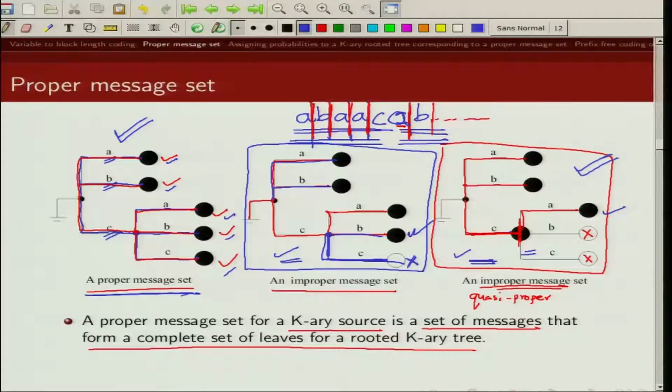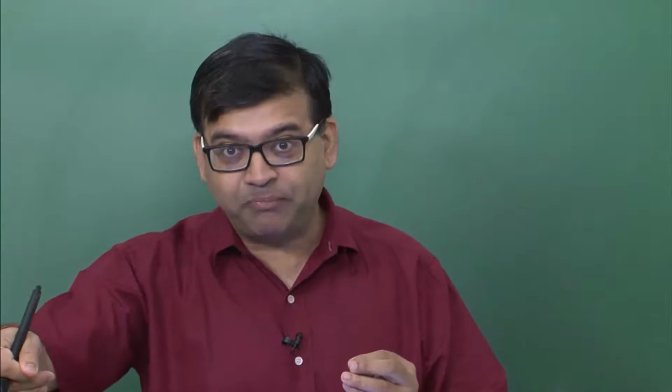Now what's happening here? If A and B are coming, I know that's my message boundary, but if a C comes, I do not know instantaneously whether that's my message boundary or I should look at the next bit. Once I get a C, I need to look at the next bit to decide whether my message boundary is at CA or just at C. So I cannot instantaneously tell how to parse the source message. I need to look at the next bit and then decide where my input bit stream should be parsed.